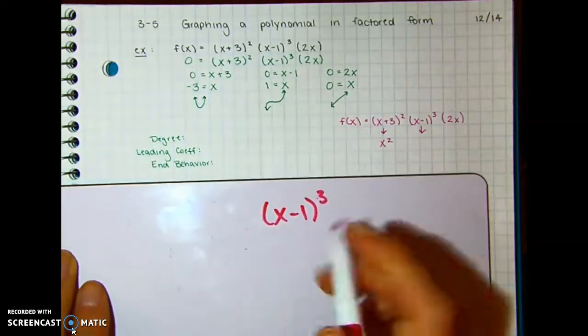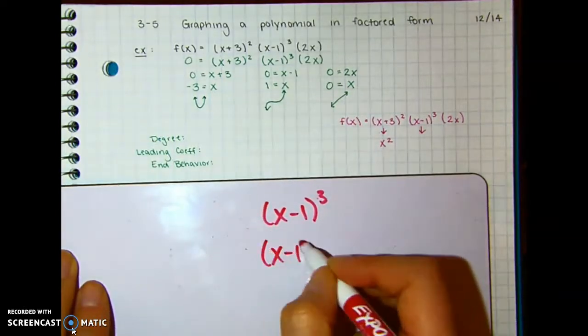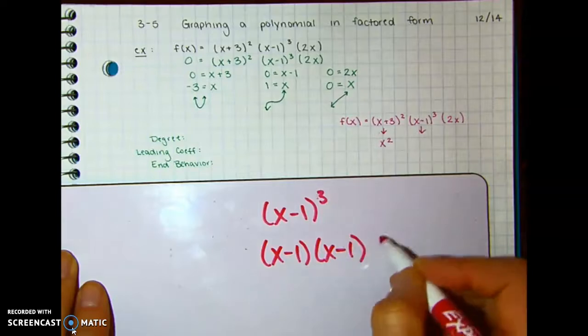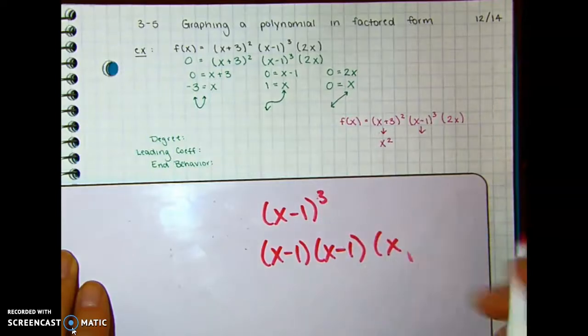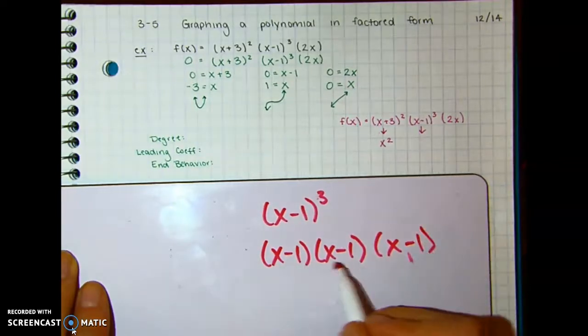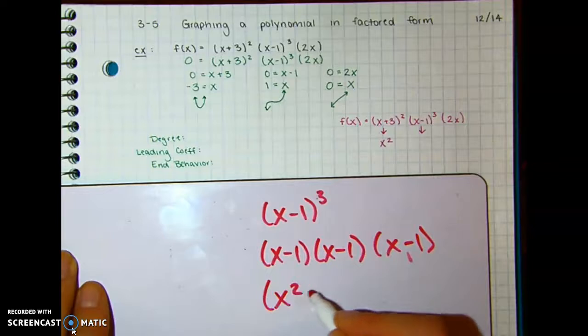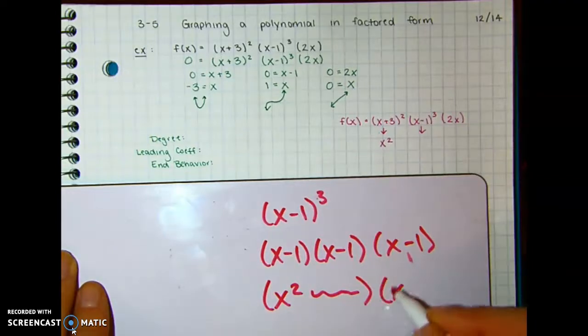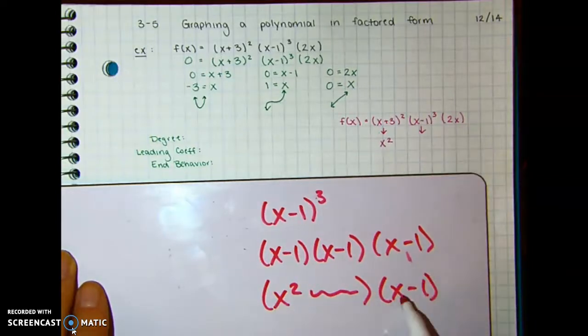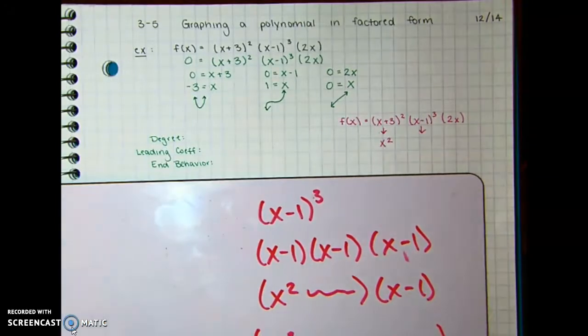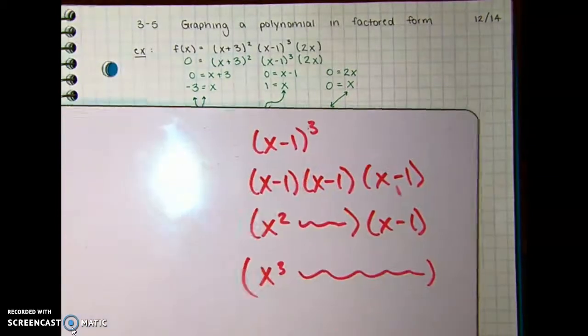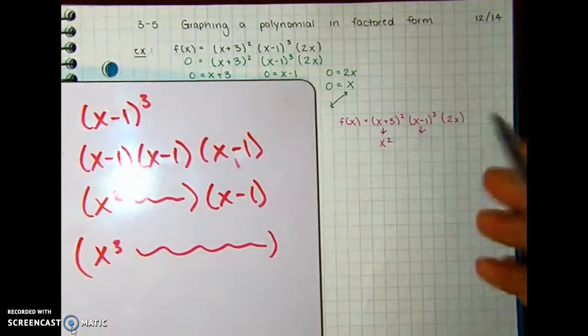You don't have to write this part down. It'd be x minus 1 times x minus 1 times x minus 1. Oops. And this would give us x squared and then other stuff. And then we multiply this, we'd get x cubed and then a bunch of other stuff. So this will end up giving us an x cubed.